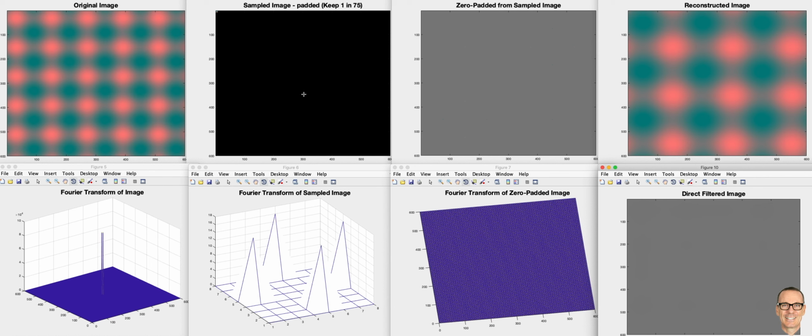Hopefully this has given you a lot more insight into two-dimensional Fourier transforms and into image processing, into decimation and interpolation. Again, look at the web page, download the MATLAB code, and you'll be able to run all of these yourself and spend more time to really absorb all the information in this video.